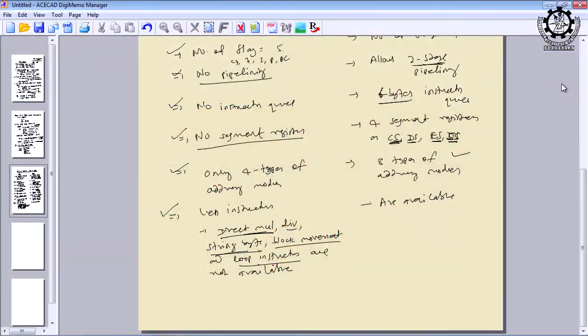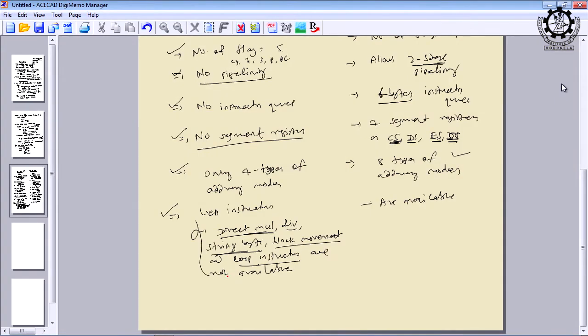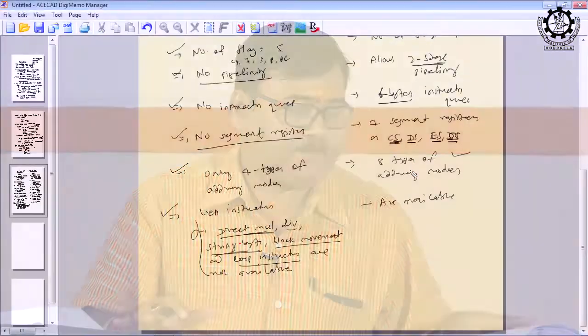So, by using the loop instructions directly you can implement a loop without using many more instructions. And all these are the limitations or are lacking in 8085, but all these are available in 8086. Is it okay? So, this is a preliminary idea about the difference between 8085 and 8086.